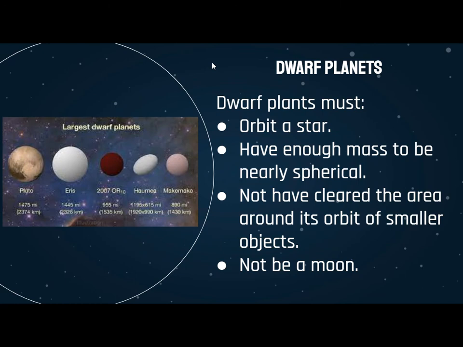In order to be a dwarf planet, you have to orbit a star, duh, have enough mass to be nearly spherical, so be a circle, not have cleared the area around its orbit of smaller objects, and not be a moon. So our moon can't ever be a dwarf planet. Yes?